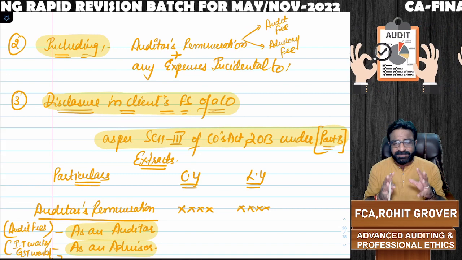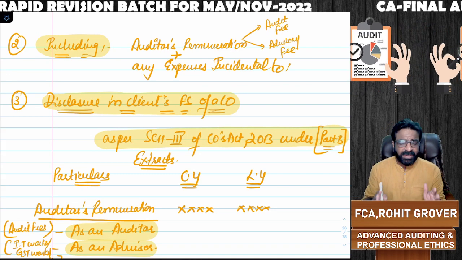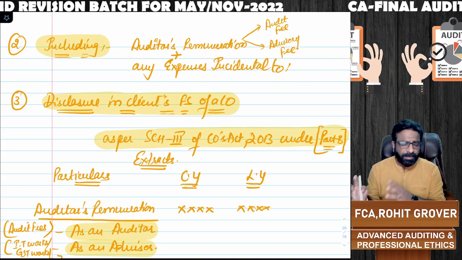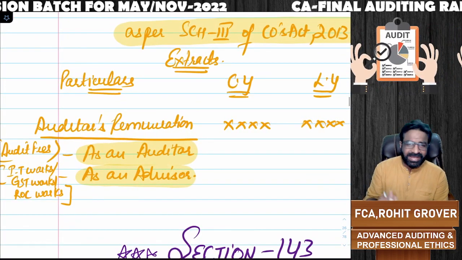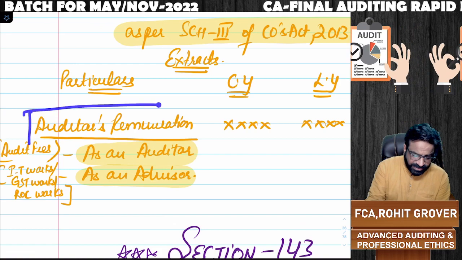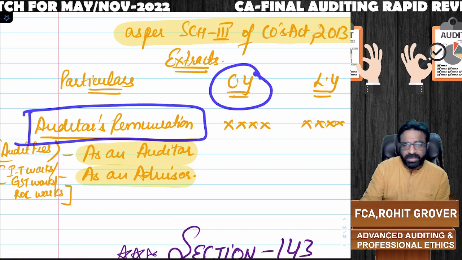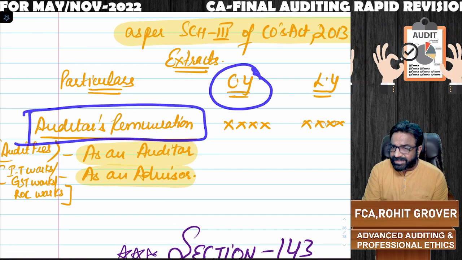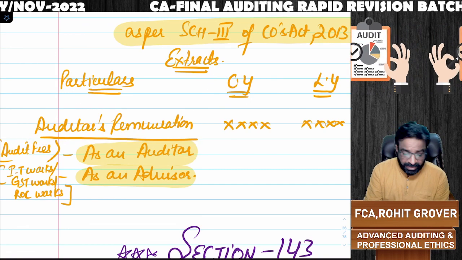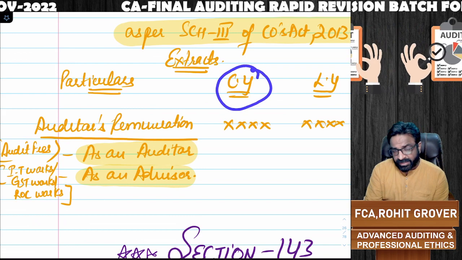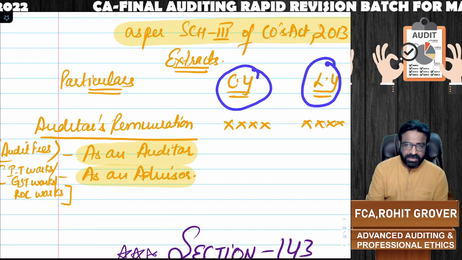As it is the expenditure of the client, he has to show the remuneration in Schedule 3 Part B, the P&L statement. He will put a heading as auditor's remuneration. As per Schedule 3, a minimum of 2 years information is required, so current year as well as last year auditor's remuneration.